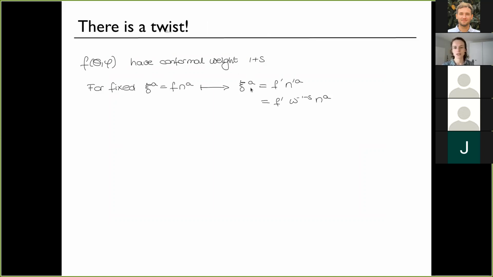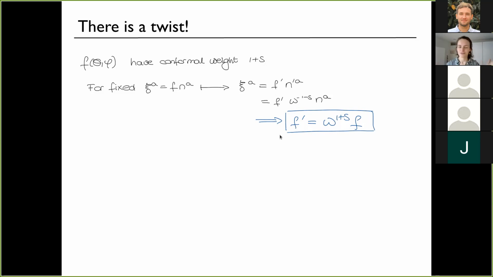And you can see that scaling in this particular way. I will not go over the details, but the point is that if you choose to write the same supertranslation in a different conformal frame, then your f will be related to my f through the omega factor of 1 plus s.